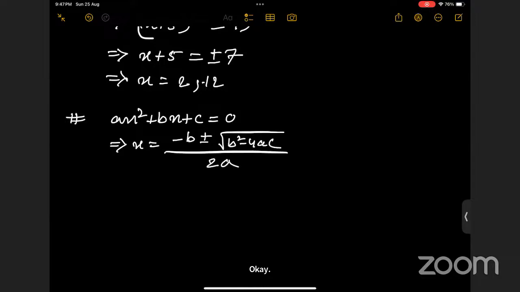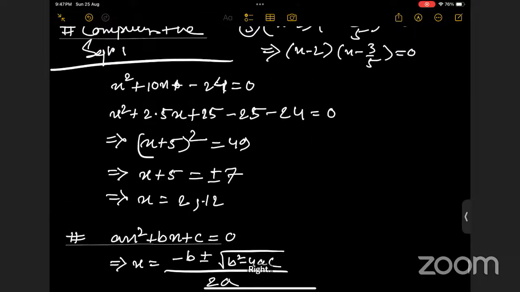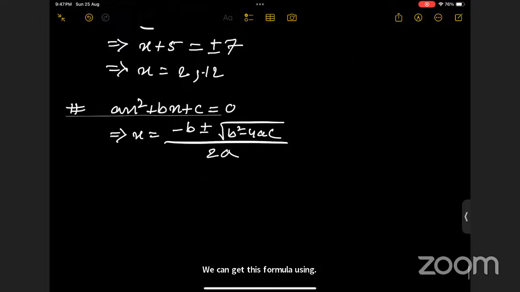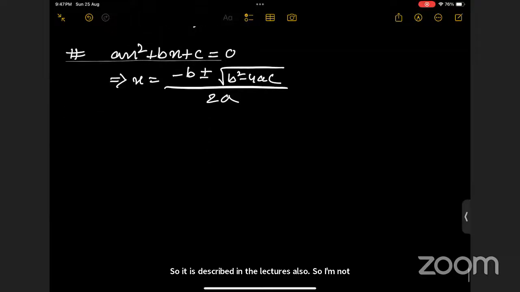We can get this formula using the completing the square method. It is described in the lectures also, so I'm not doing the proof right now. I guess all of you are aware of that, right? Sometimes we call it the Sridharacharya rule, okay?